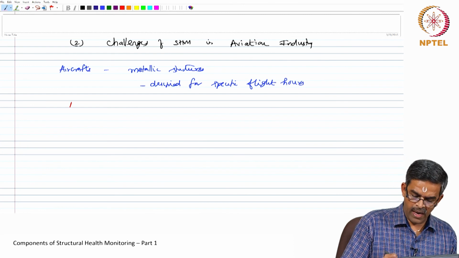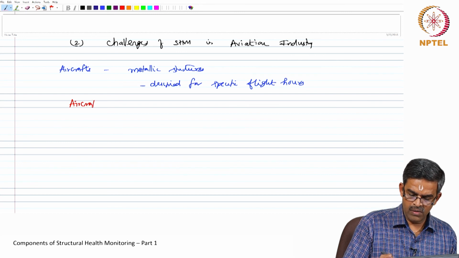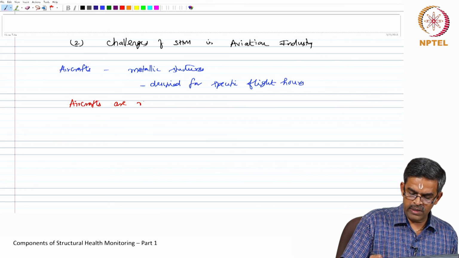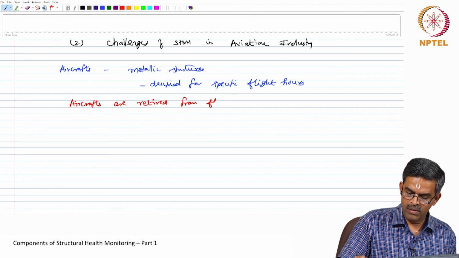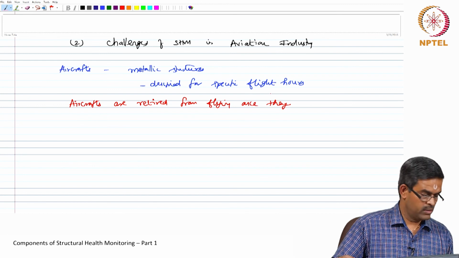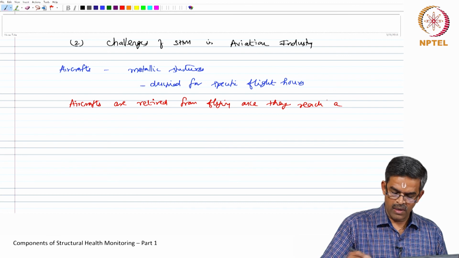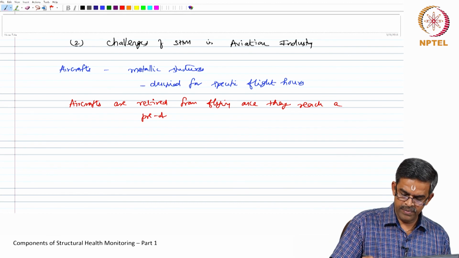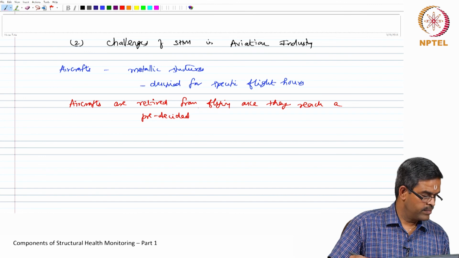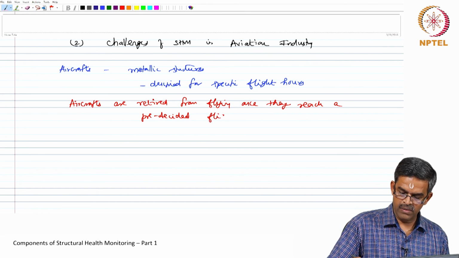Generally aircrafts are retired from flying once they reach a pre-decided flight hours.